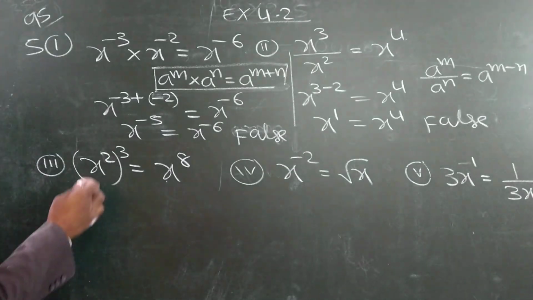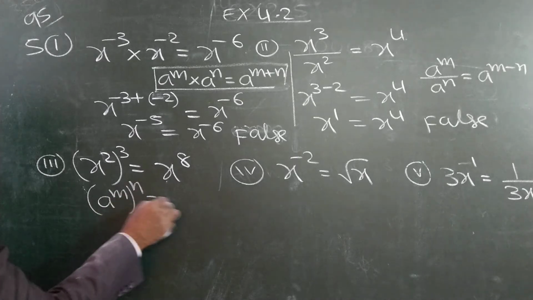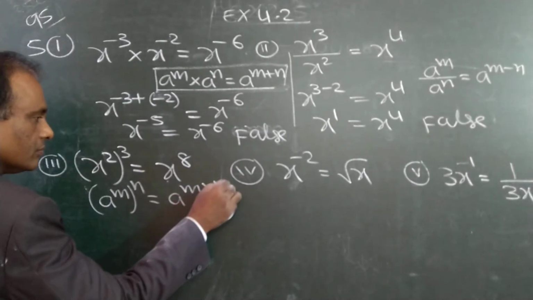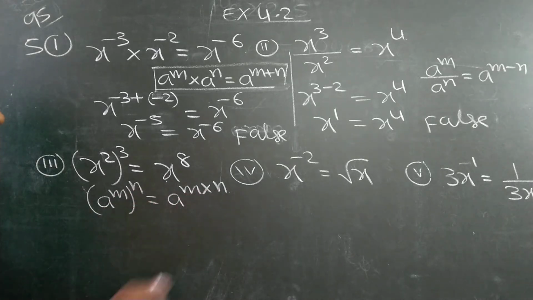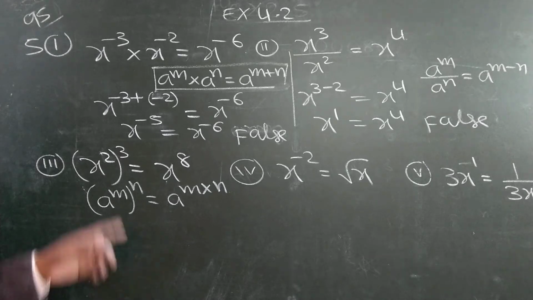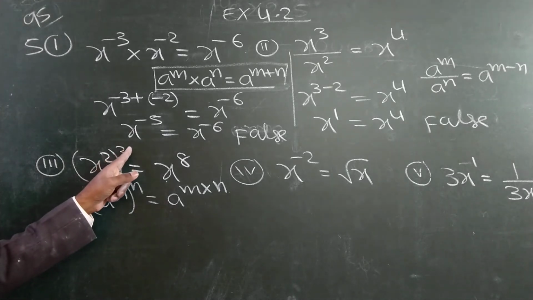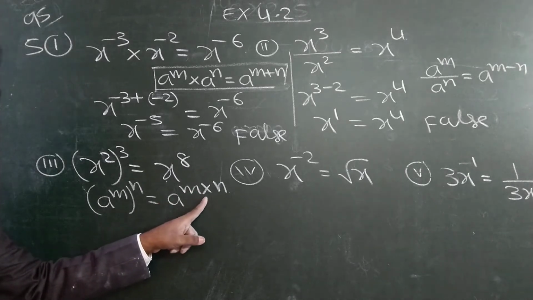Now, a power m whole power n formula is how much? When two powers are there, we have to multiply m into n. It is not 2 to the power of 3. Don't misunderstand, 2 to the power of 3 is 8. No. A power m whole power n is m into n. See the formula I gave.